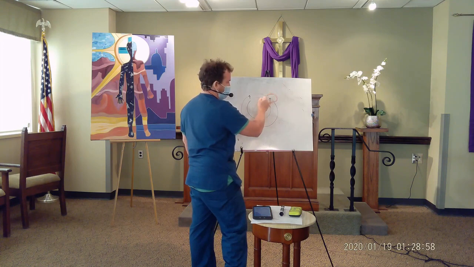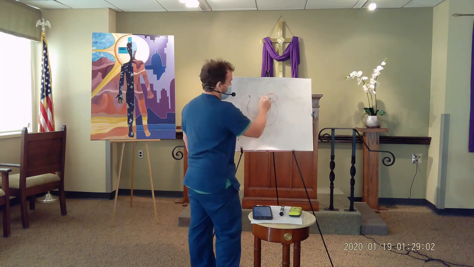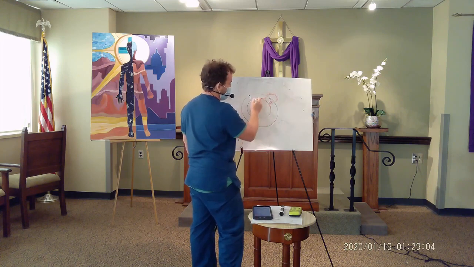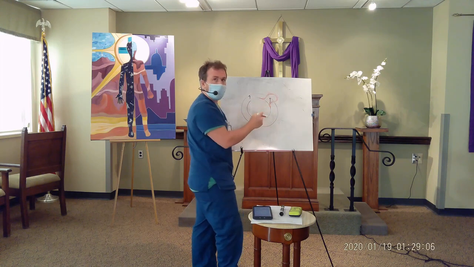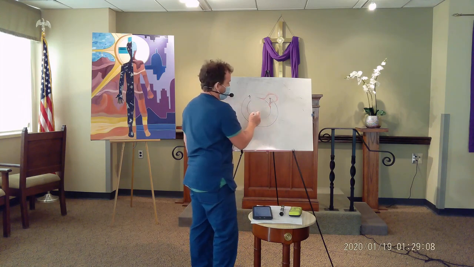There's different classifications and degrees of this, but for the sake of this lecture, essentially a herniated disc is this inner material can't be contained anymore, so it travels the path of least resistance.